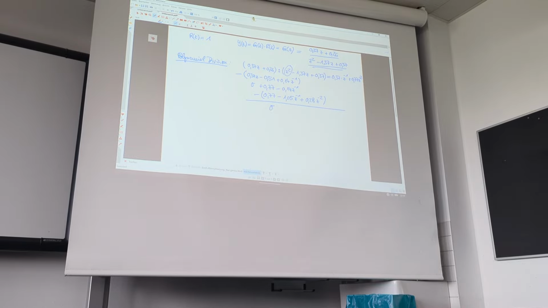That's plus 0.91 z to the power of minus 1, and then minus 0.28 times z to the power of minus 2. And now you see already that we can continue this forever. What we get is an infinite sequence of values, which is the impulse response of the system.